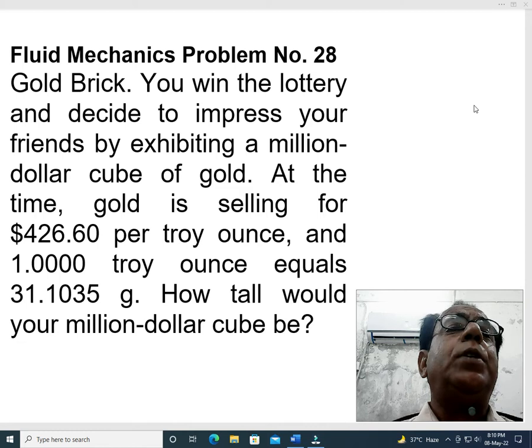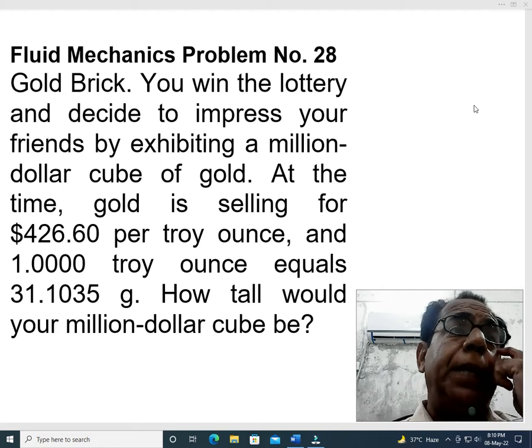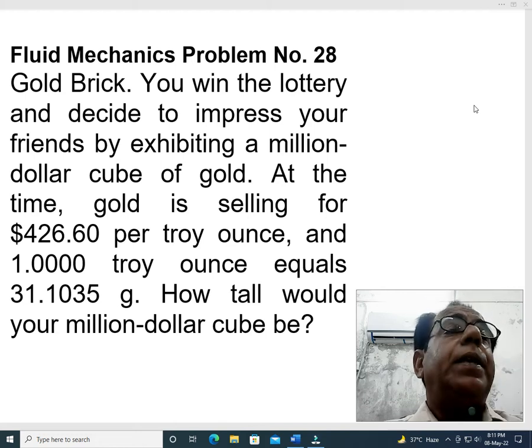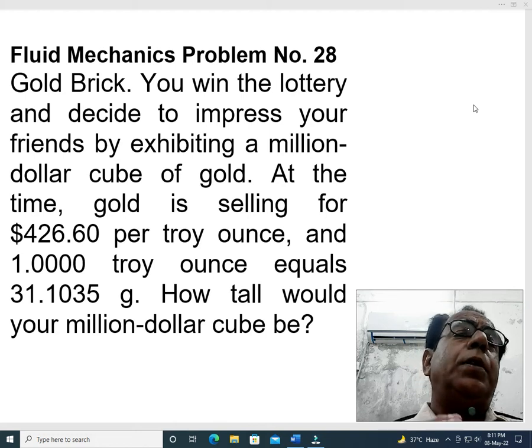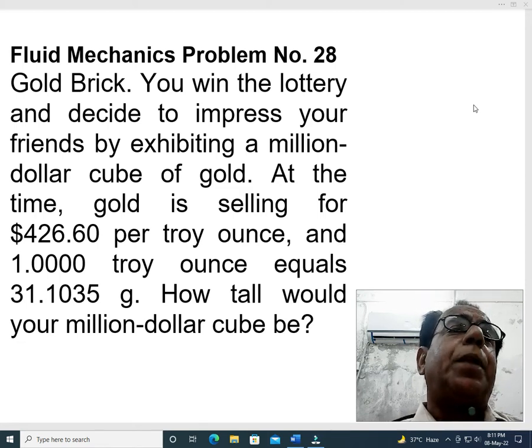Okay, dear students, this is the cost of that gold cube, $1 million, 10 raised to the power 6. Cube means length to the power 3, because a cube has all three sides equal.